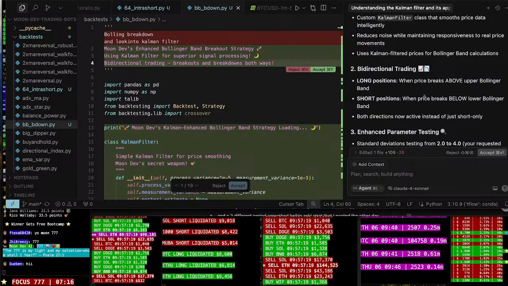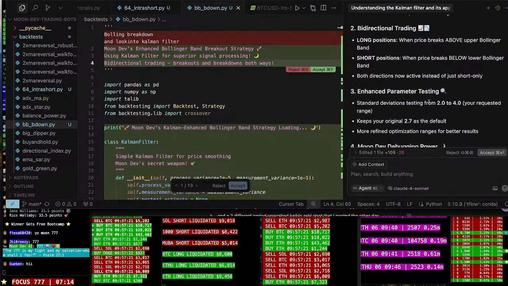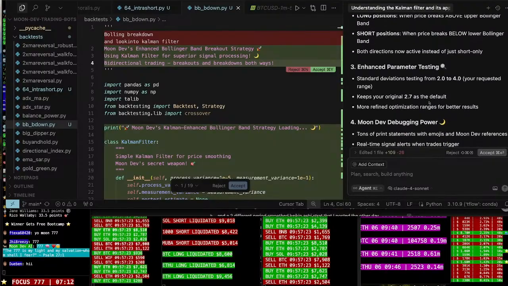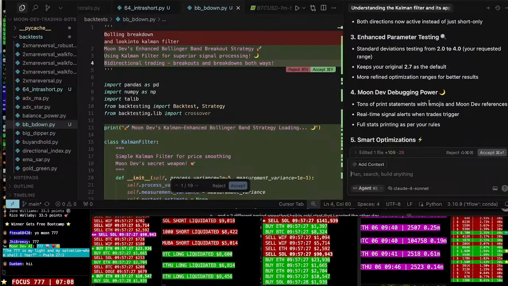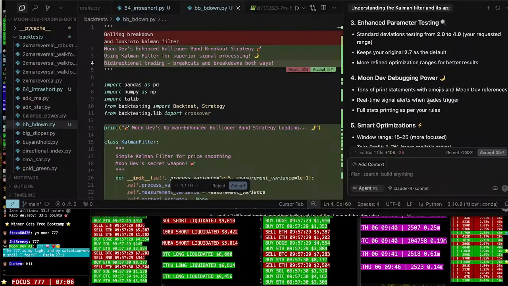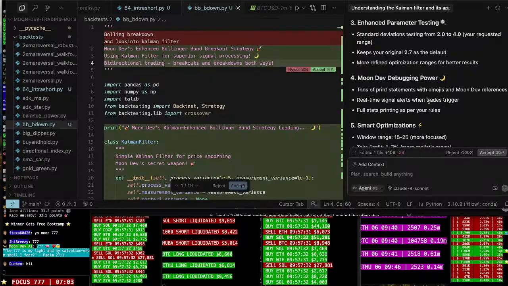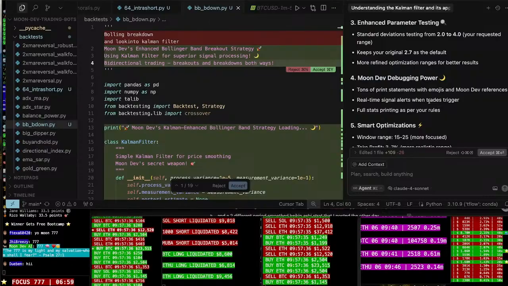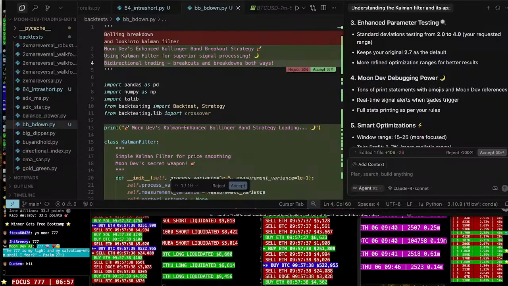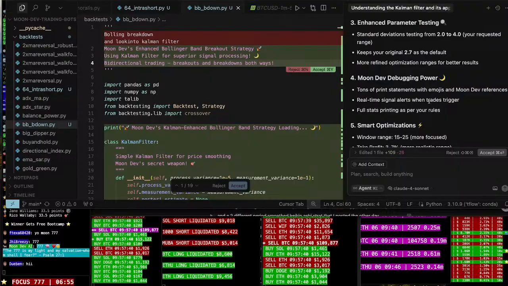Both directions now active instead of just short only. Enhanced parameter testing, standard deviations testing 2 to 4, your requested range. Keeps your default at 2.7. More refined optimization ranges for better results. And we got some debugging here, good. We need debugging.